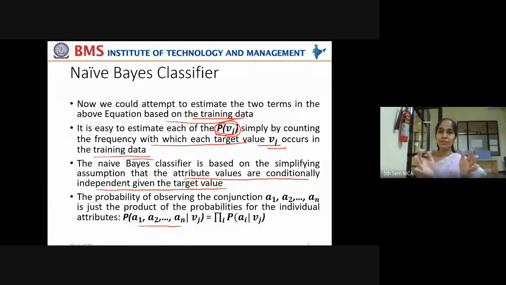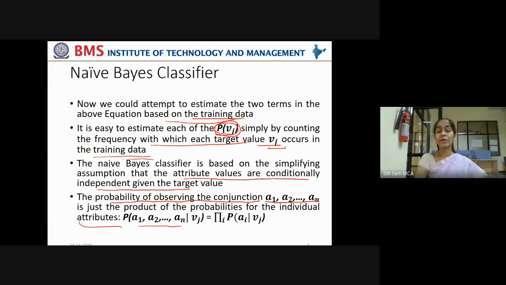So the probability of observing the conjunction, meaning the combination of A1, A2 and so on up to AN, is just the product of the probabilities for the individual attributes, right?